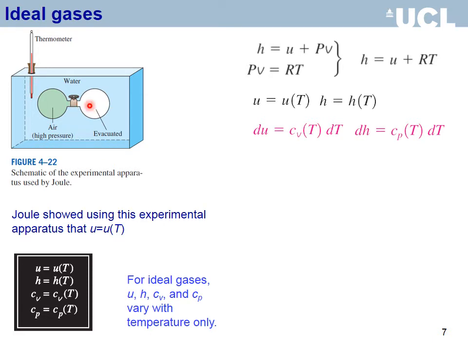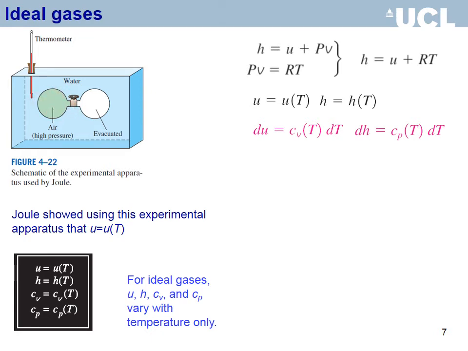So the idea was to show what happens if you open this valve. You have air from here at high pressure. It's going to make its way to this evacuated chamber, because the pressure here is higher than the pressure there. So essentially, this air will expand.